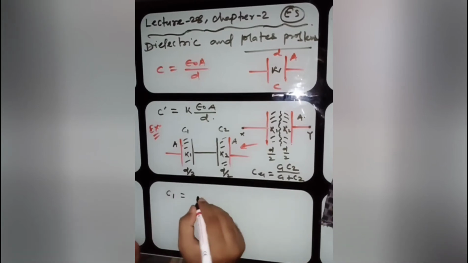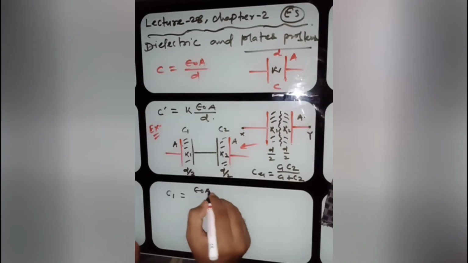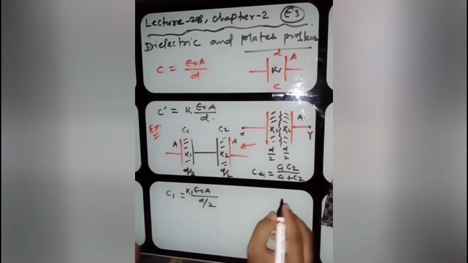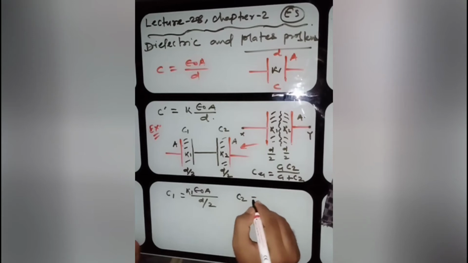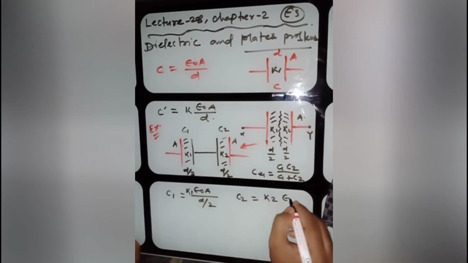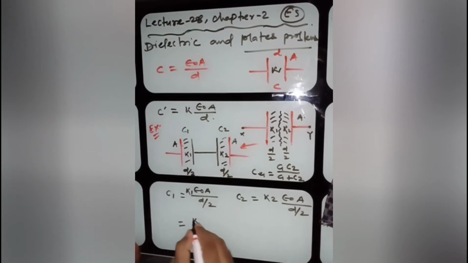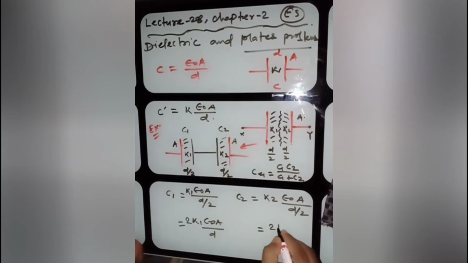C1 is epsilon naught A by D, and D is D by 2, times the dielectric K1, so C1 is 2 K1 epsilon naught A by D, and C2 is 2 K2 epsilon naught A by D. My dear student, you can put these in to find the equivalent capacitance.